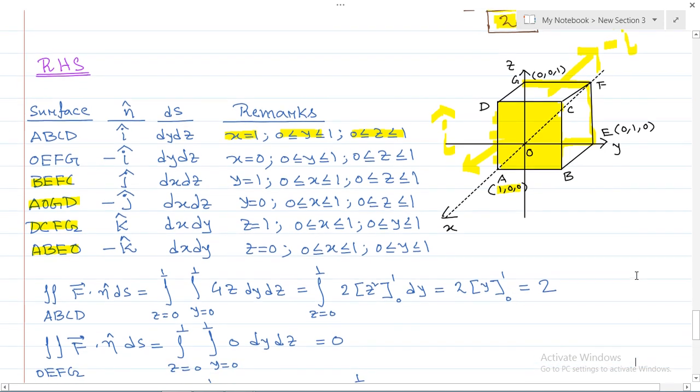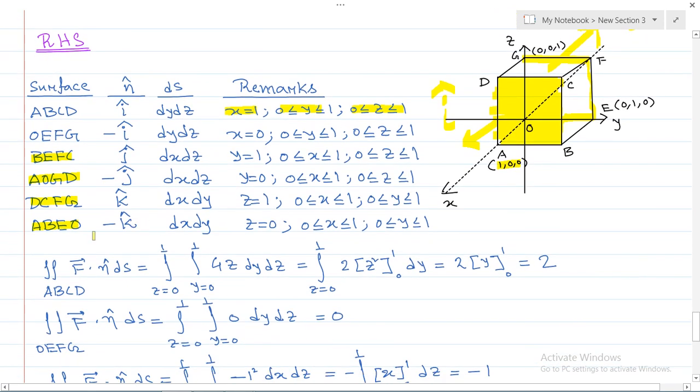Now let us come to the surface integrations one by one. For the first surface ABCD, how do we perform f dot n cap ds? What information do we have? For the ABCD surface, our n cap is i cap, our ds is dy dz, and everywhere we have to put x equal to 1 in the f vector, with limits of y from 0 to 1 and z from 0 to 1. After f dot n cap, only the first component will remain, that is 4z.